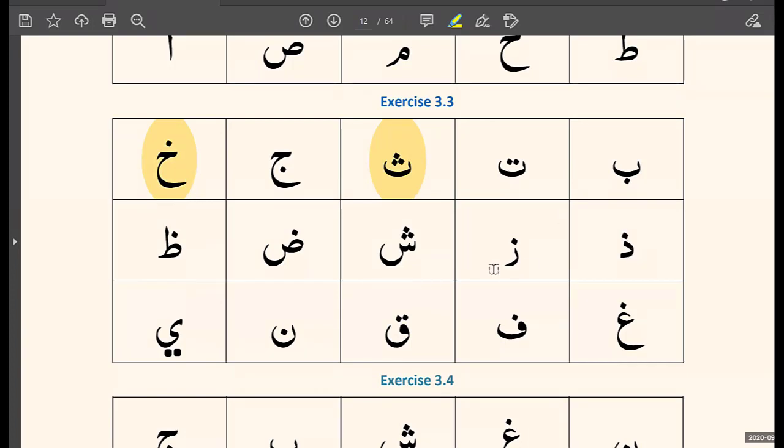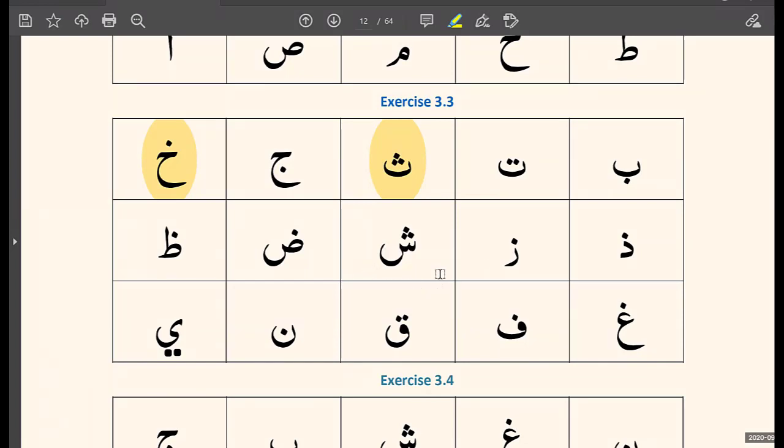Now from right to left, second line. Zal. Za. Sheen. Dod. Za. Good. Now the same question for line 2, these 5 letters.